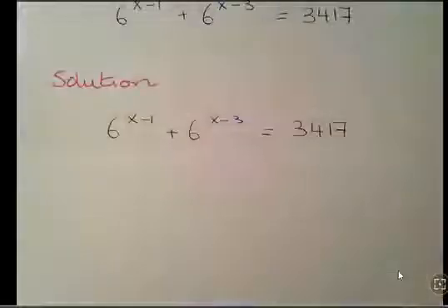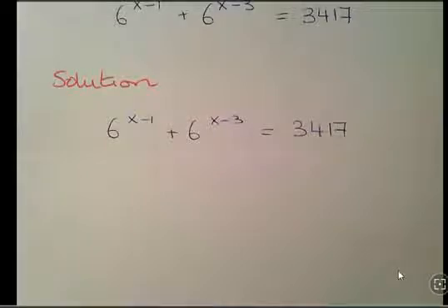I'm going to pause the video a second just to focus. So we have 6 to the power of x minus 1 plus 6 to the x minus 3 equals 3417.